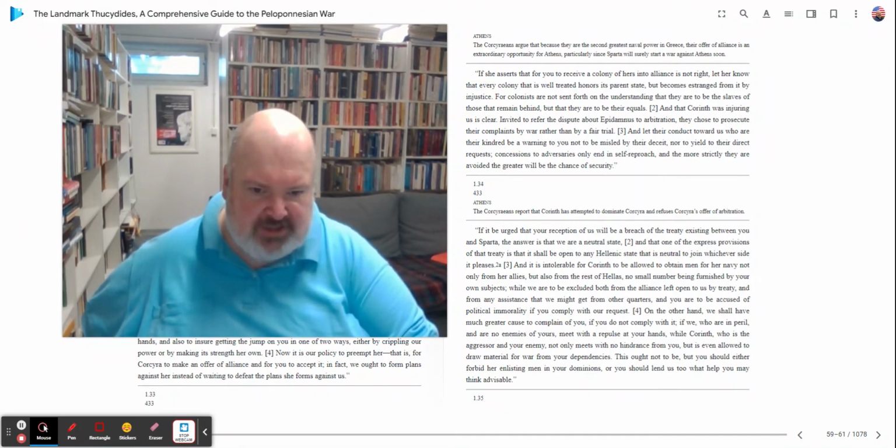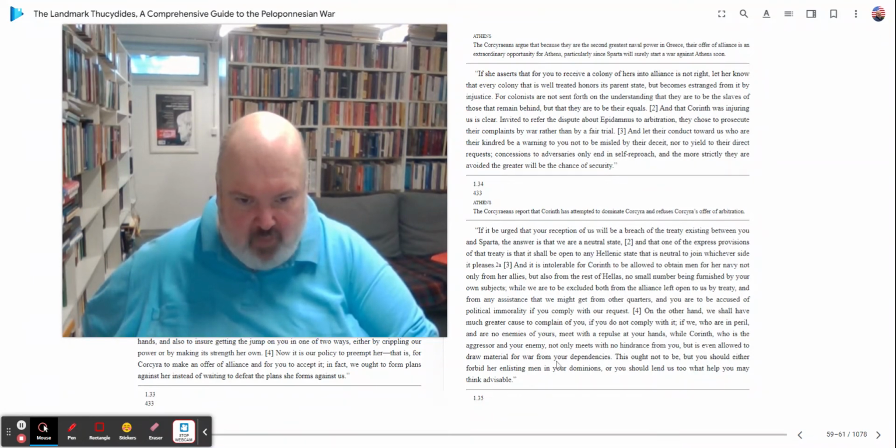On the contrary, we shall have much greater cause to complain of you if you do not comply with us, if we who are in peril, and have no enmity with you, meet with a repulse at your hand, while Corinth, who is the aggressor and your enemy, not only meets with no hindrance from you, but is even allowed to draw material of war from your dependencies.